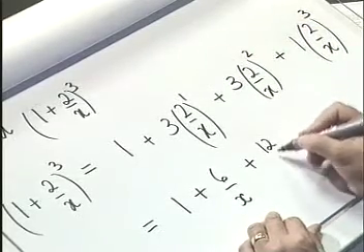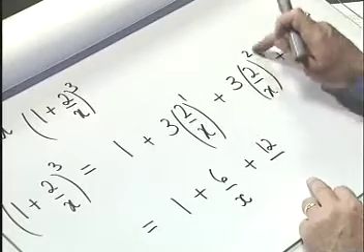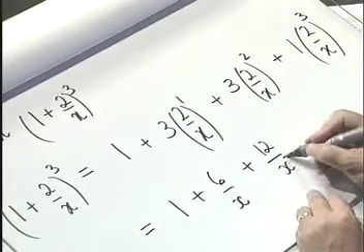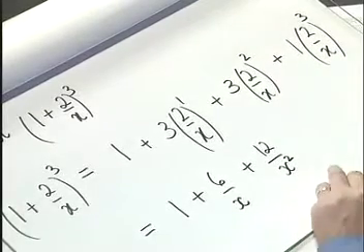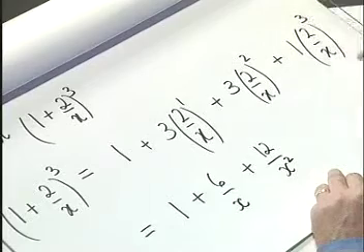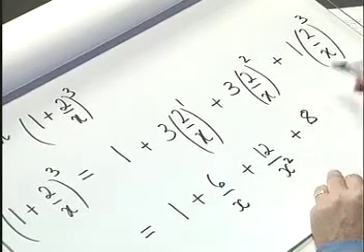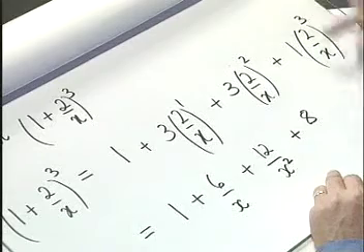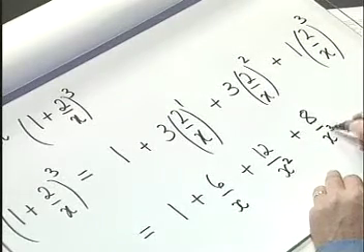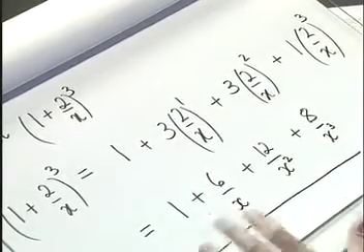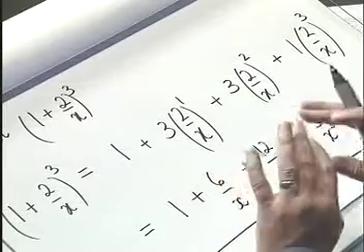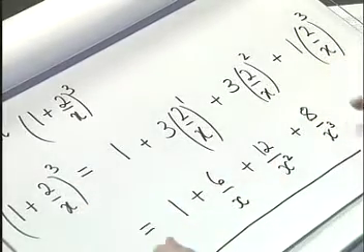So we have 12 divided by x to the power 2, x squared. And finally, there's 2 to the power 3, which is 8. And this time it's divided by x to the power 3, or x cubed. So that's a simple example which illustrates how we can apply exactly the same technique even when there are fractions involved.